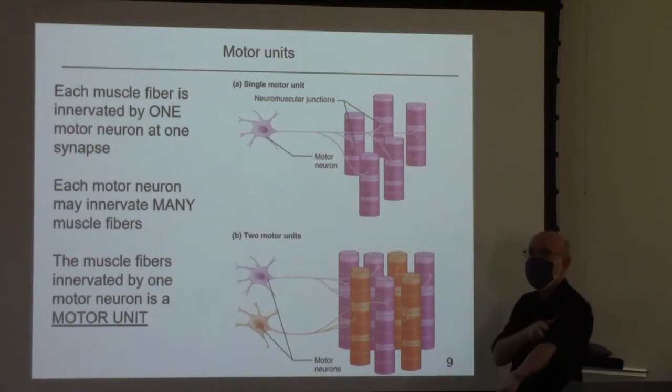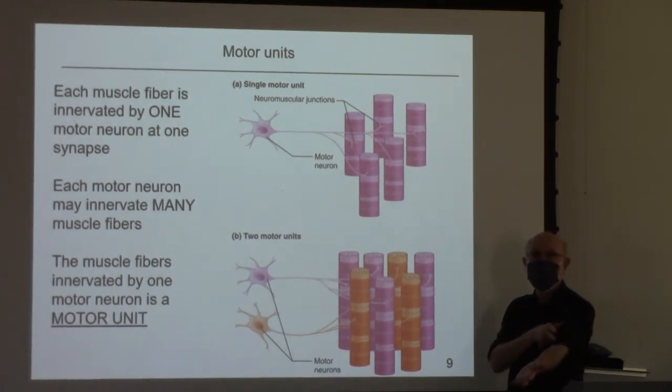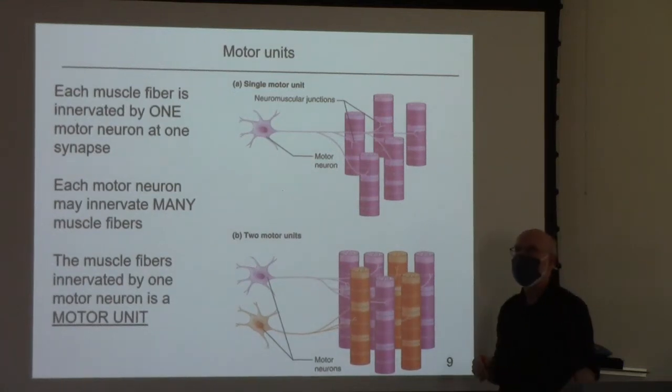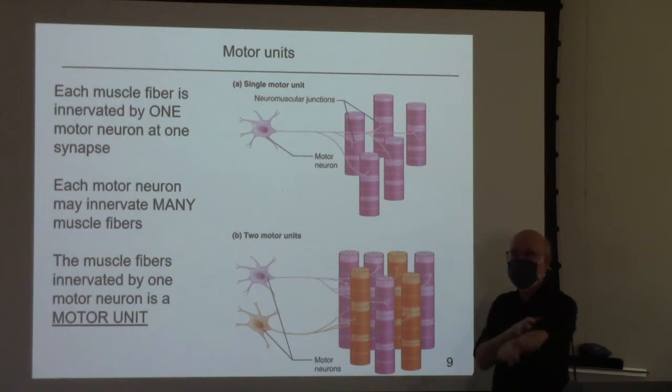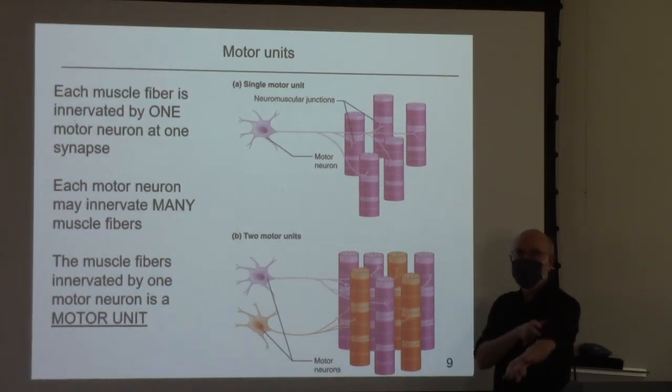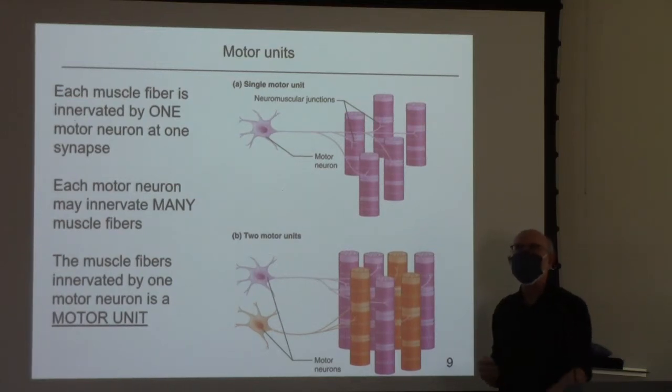The control of a muscle might have hundreds of motor neurons controlling hundreds of motor units in a single muscle. So some muscles have many motor units, and some muscles have only a few motor units.